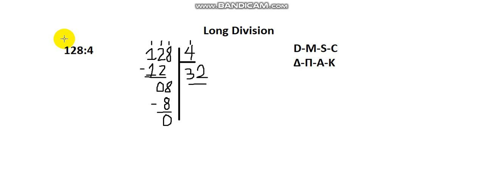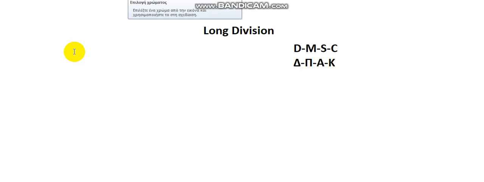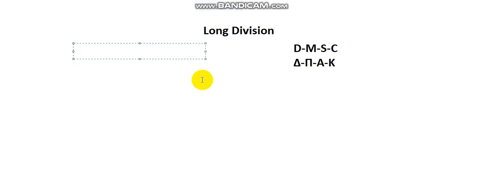Next special case that we need to look at is if I have a long division that is not perfect. So let's say that I have to do 82 divided by 5.